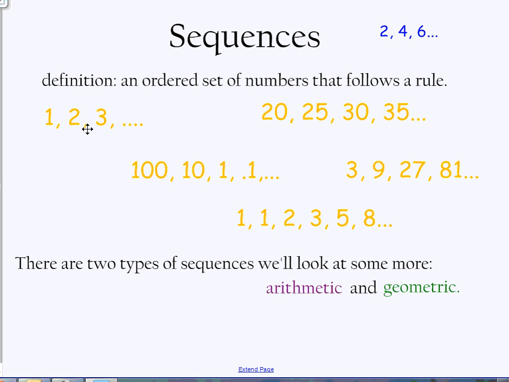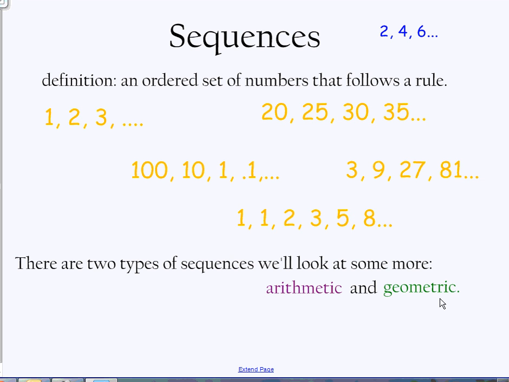So for example, 1, 2, 3; 20, 25, 30, 35; 100, 10, 1, 0.1, or 1/10; 3, 9, 27, 81; 1, 1, 2, 3, 5, 8, so on and so forth. Within all of these different sequences, there's actually two specific types that you're going to be looking at at some point during your math career. There's the arithmetic and the geometric.